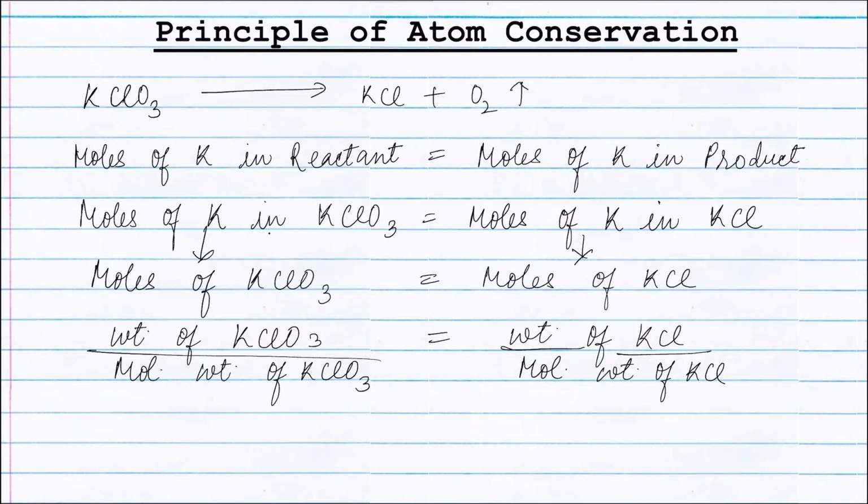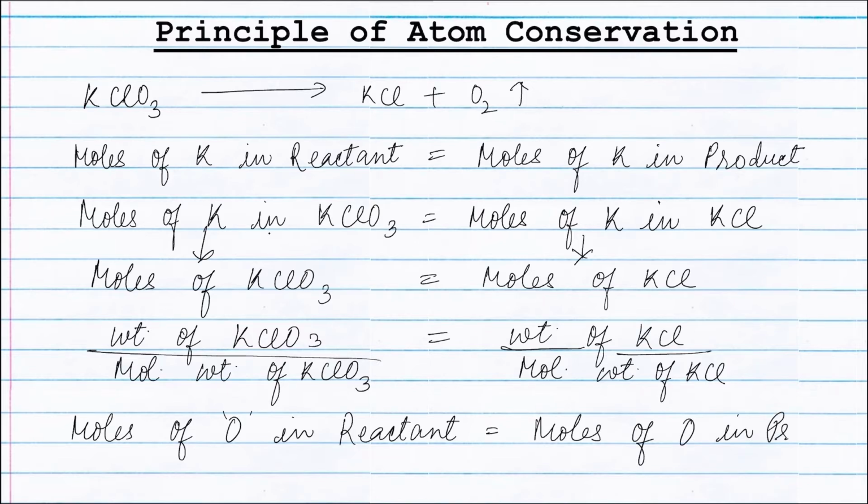Now in the same equation, applying the principle of atom conservation on oxygen atoms, we can write moles of oxygen in reactant is equal to moles of oxygen in product.